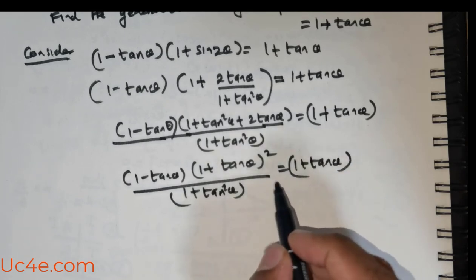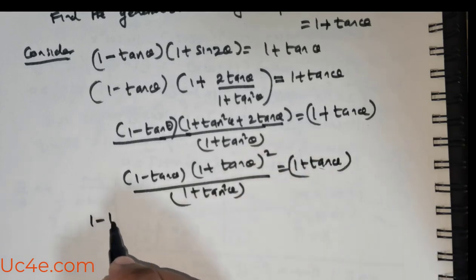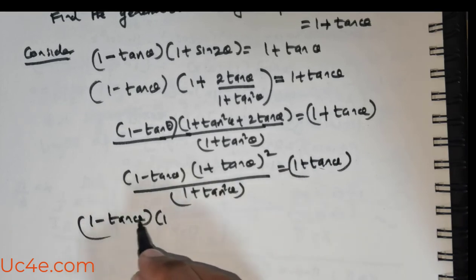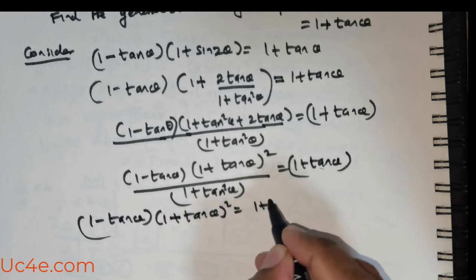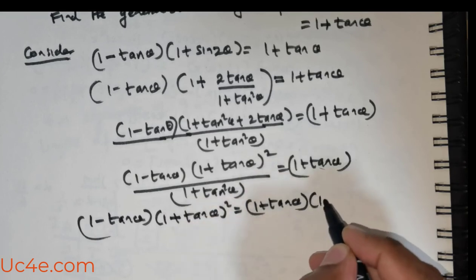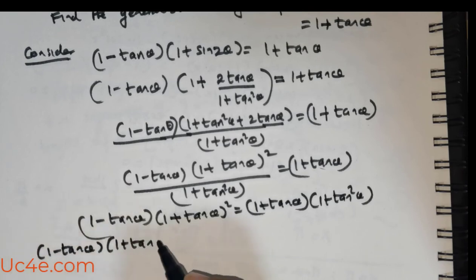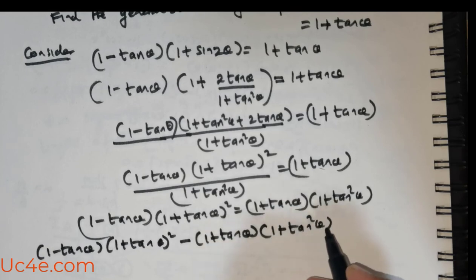Now, as I mentioned to you, if you are going to be cancelling these two terms, you have to be a bit careful. What I'm going to do is just cross multiply and bring the terms to the left. So this is going to be (1 - tan theta)(1 + tan theta) squared = (1 + tan theta)(1 + tan squared theta). Let me bring these terms to the left, and that would give me (1 - tan theta)(1 + tan theta) squared - (1 + tan theta)(1 + tan squared theta) = 0.